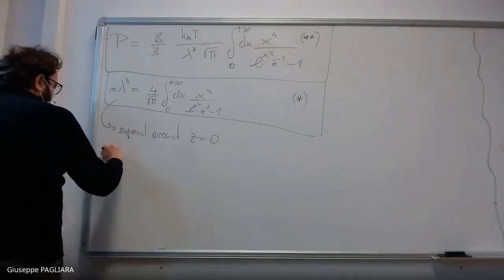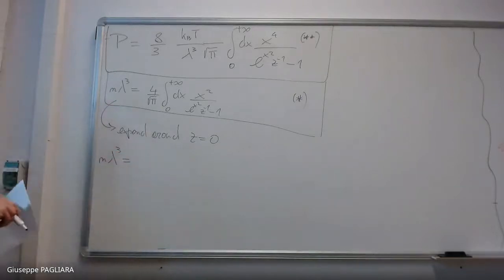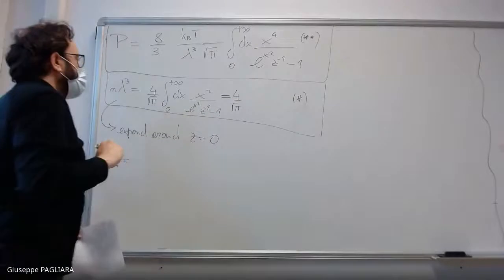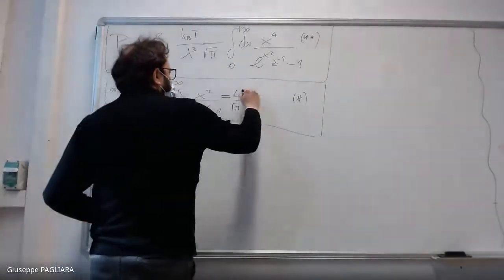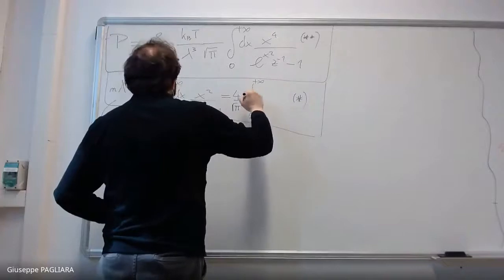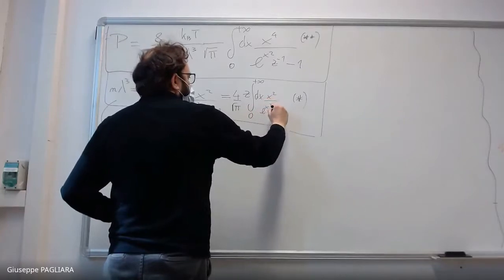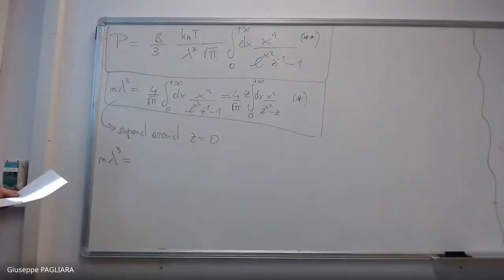So n lambda cubed, if I expand with respect to z around z equal to 0, of course this can be written as 4 divided by square root of pi, and then I have a z and integral from 0 to plus infinity of dx x squared over e to the x squared minus z. So the first thing that I need to compute is the case in which z is approaching 0.